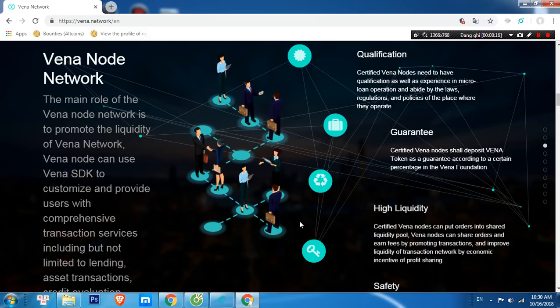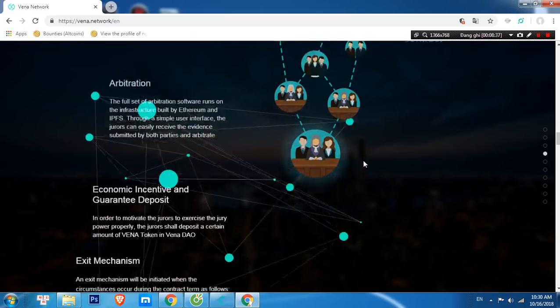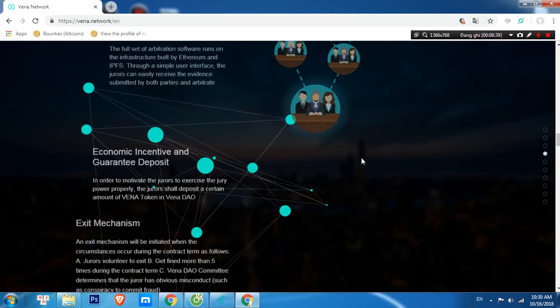They expand the Vena network by opening up applications for Vena nodes, providing a term contract trading market service, and designing the protocol to be uncoupled from applications. Vena network provides significant advantages for Vena nodes and users.